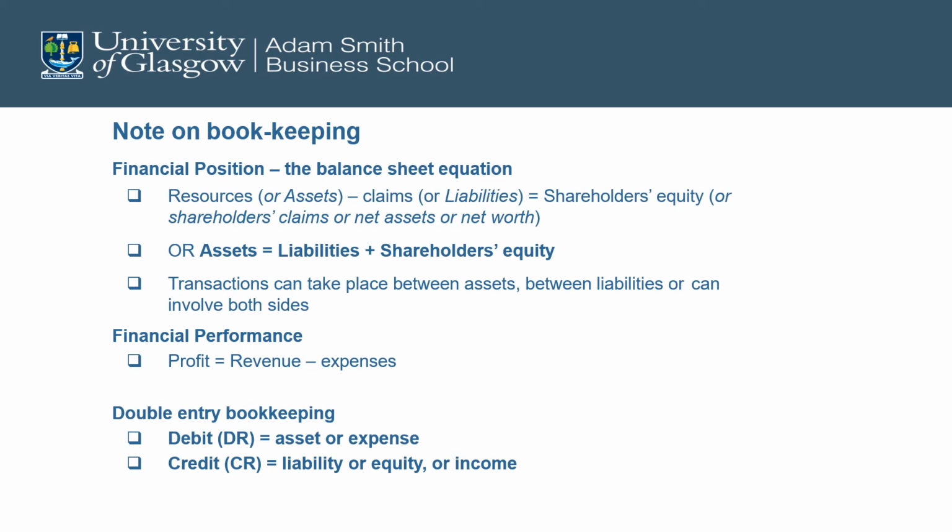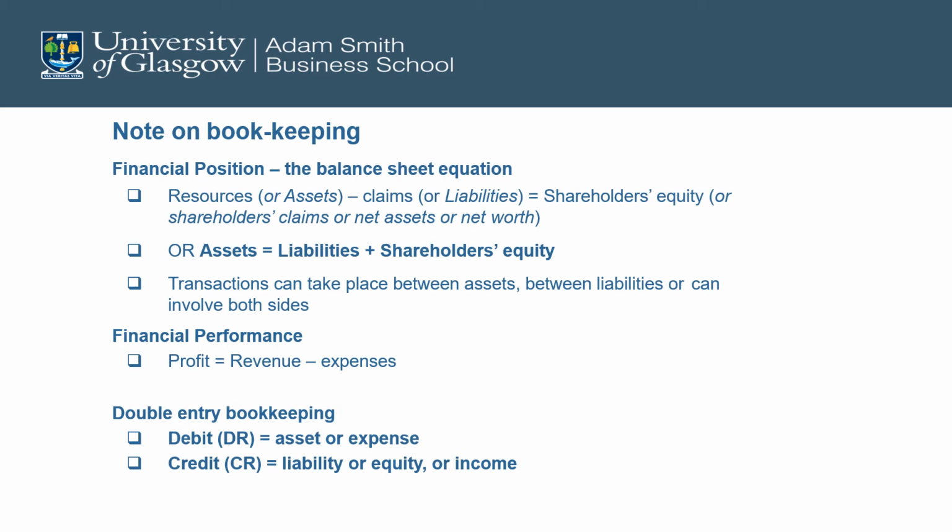There's a certain note for the bookkeeping part if some of you have not done it before. The financial position, which we usually also call the balance sheet equation, contains the resources minus the claims, equal to the shareholders' equity. That is, asset equals liability plus shareholders' equity.